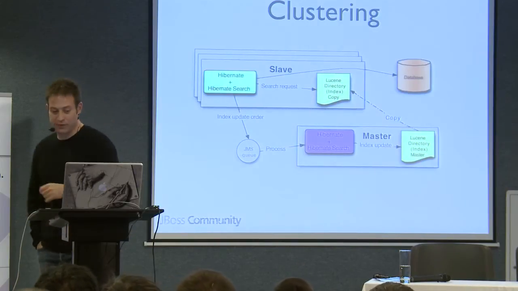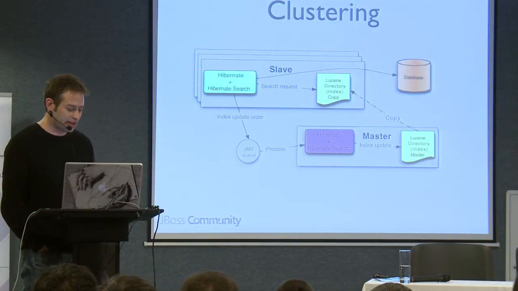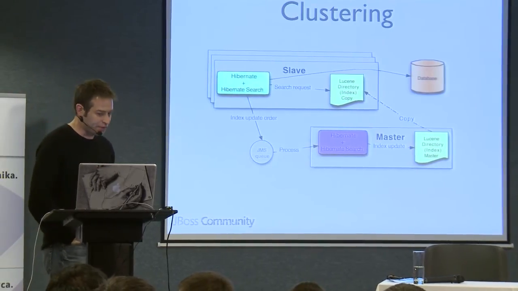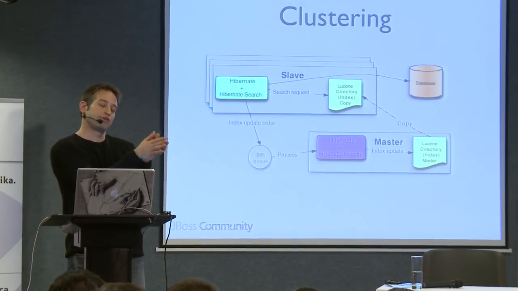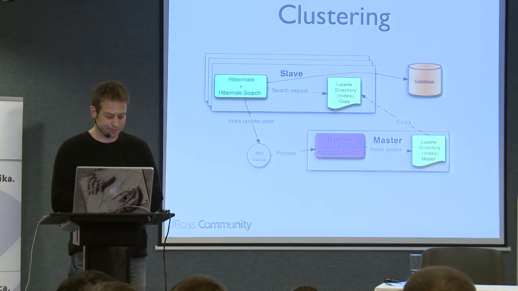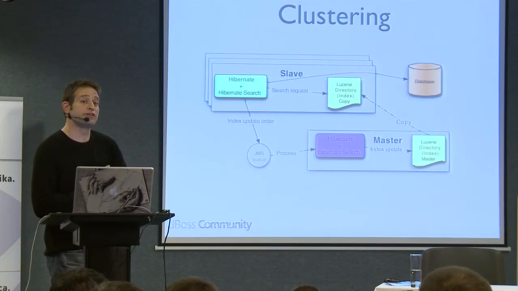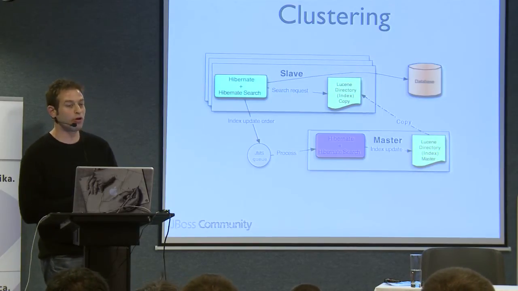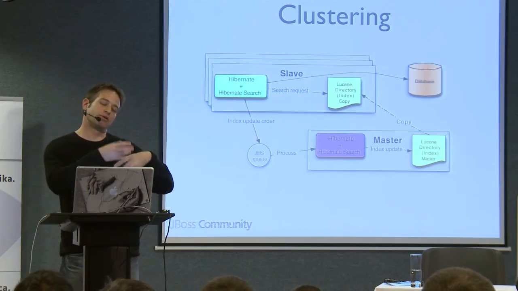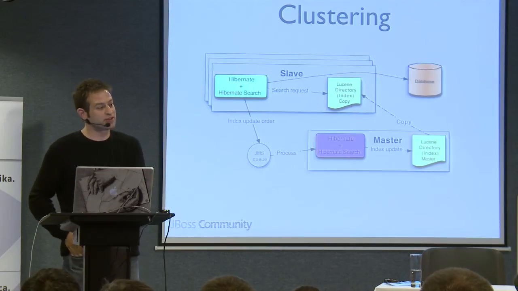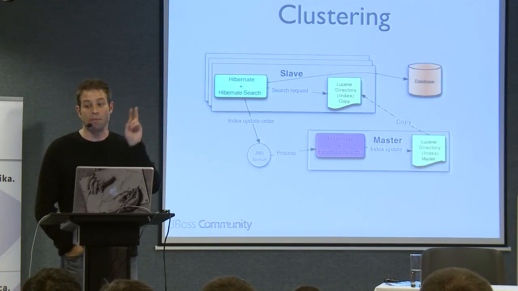Now, some quick words about clustering. We also try to make it easy to scale your application. So far, we had Hibernate and Hibernate Search running on one machine, talking to the Lucene index and the database. One clustering solution we offer is where all index updates, say you're creating or editing your film or changing something in your film, then this change event will be put on a JMS queue, which will be picked up by a master.